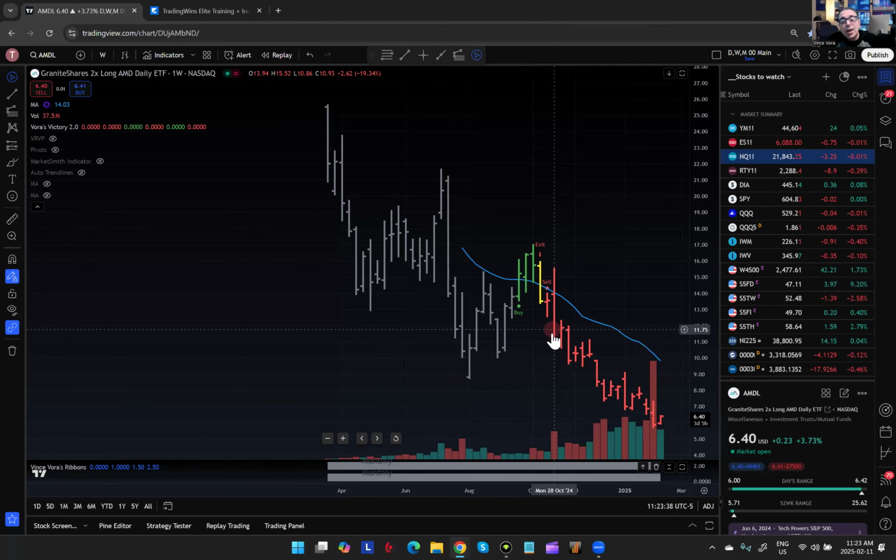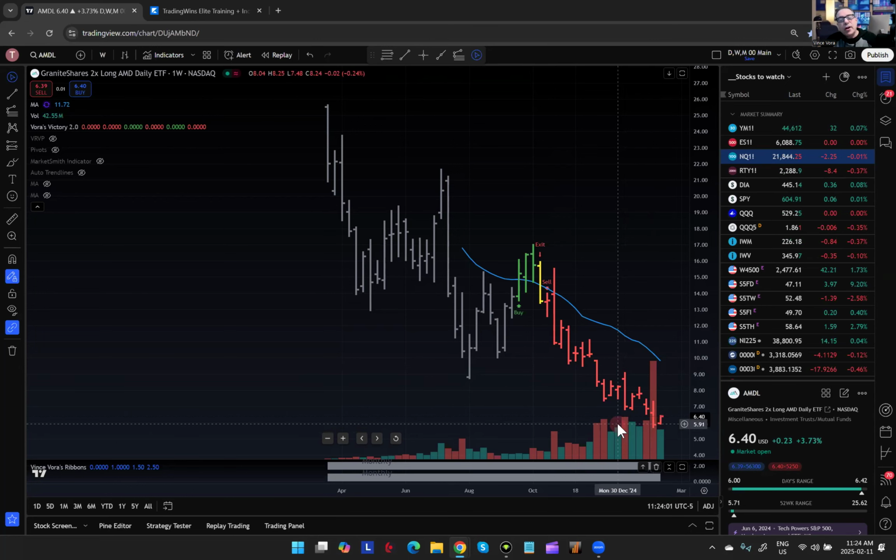The other thing that you want to keep an eye on when you're trying to decide if this is going to continue lower or not is volume. So if volume is steady, yeah, that means it should continue on. If you get a spike in volume, if you start to get a lot more volume coming in, it could be that buyers are now stepping in, right?